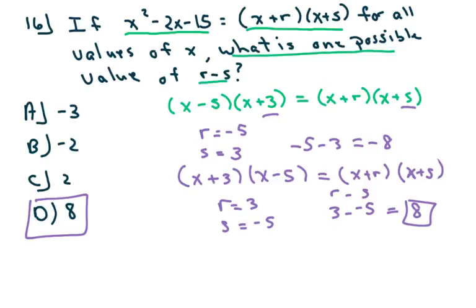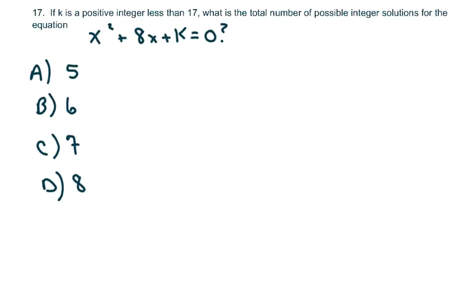All right, and the next one. We got one more. If k is a positive integer less than 17, what is the total number of possible integer solutions to this equation? When a quadratic equation is factored, the value of the constant is equal to the product of the two constants of the binomial.